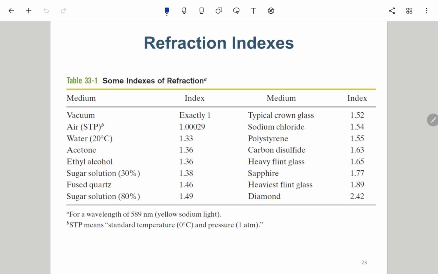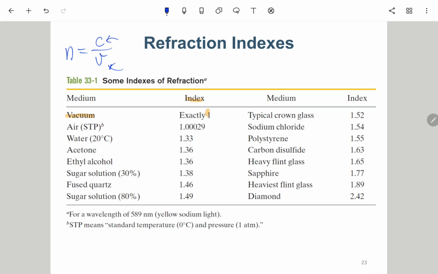So for the vacuum, the index is defined to be 1, because n is actually c over v, where v is the speed of light in that material and c is the speed of light in vacuum.